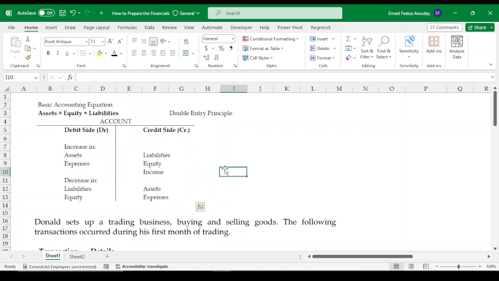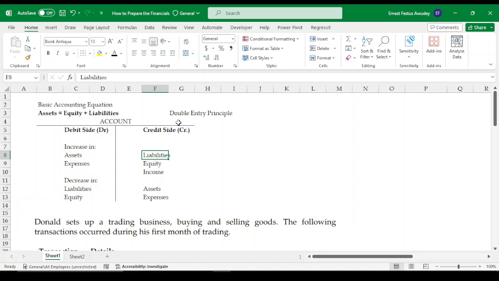All right. Now, putting the items at the debit side and the credit side has rules, and we call these rules the double entry rules. All right, the double entry rules. And with the double entry rules, you'll be hearing things like debit this, credit that, debit this, credit that.